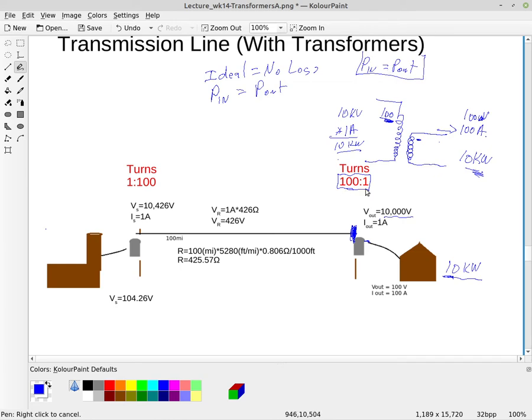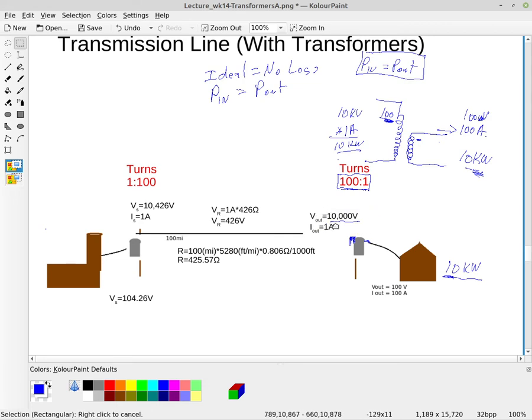If I step this up, that means over here on the left side, I should probably move this over to the left side. So right on the left side of this transformer, I've got 10,000 volts, but I only have 1 amp.